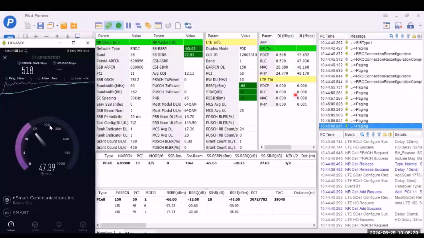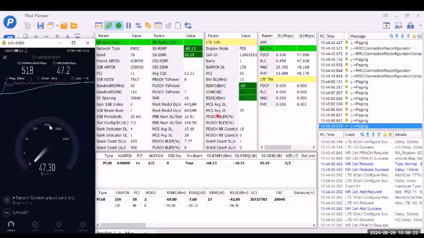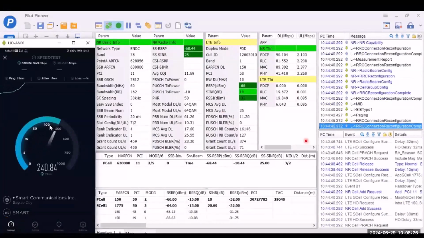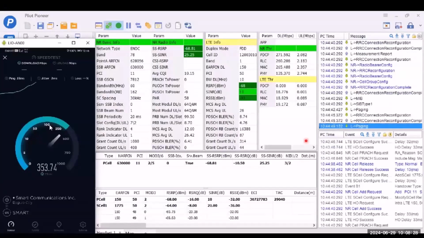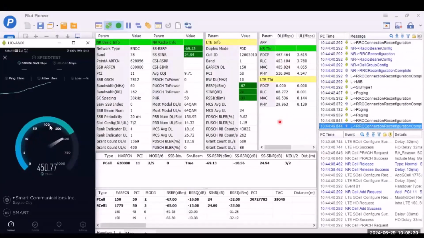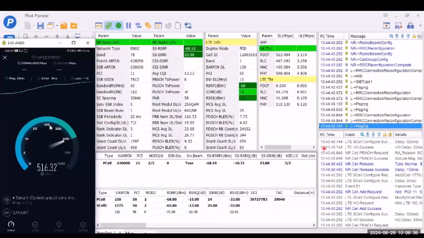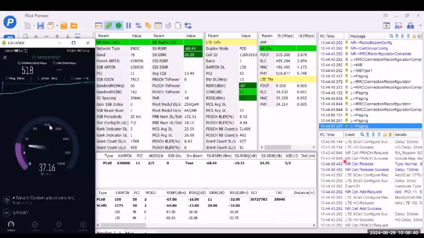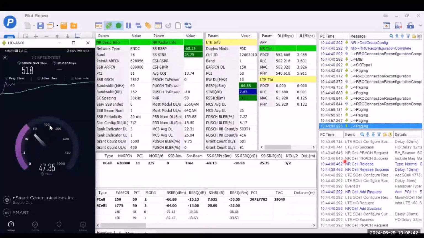That means the throughput you're getting from the network is coming from both 5G and LTE. That's why it's also called eMBB. The other parameters we will probably discuss in other sessions, but for the meantime, that is the message I would like to share with you.